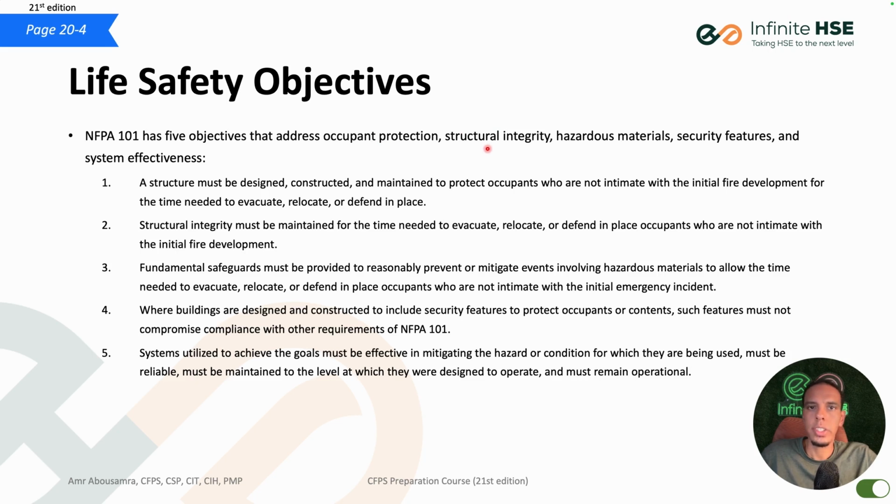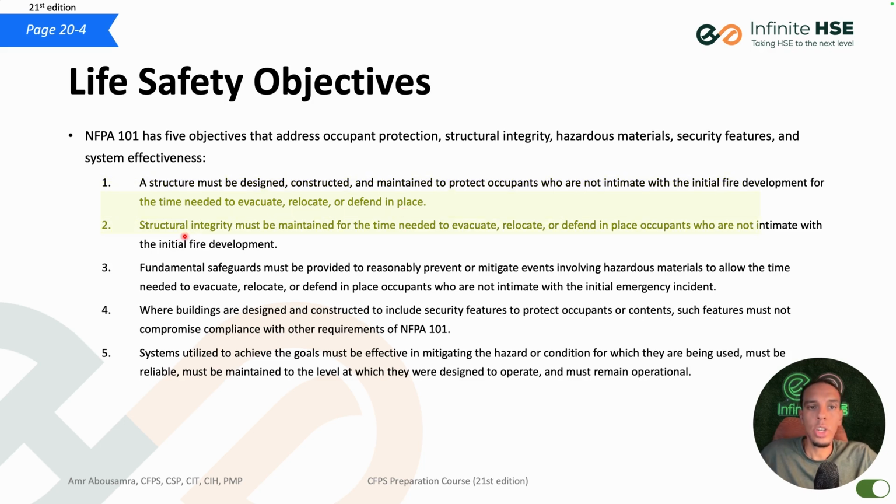Number 1, a structure must be designed, constructed, and maintained to protect occupants who are not intimate with the initial fire development for the time needed to evacuate, relocate, or defend in place. So we have to allow enough time for occupants who are not in contact with fire to leave or evacuate the building.